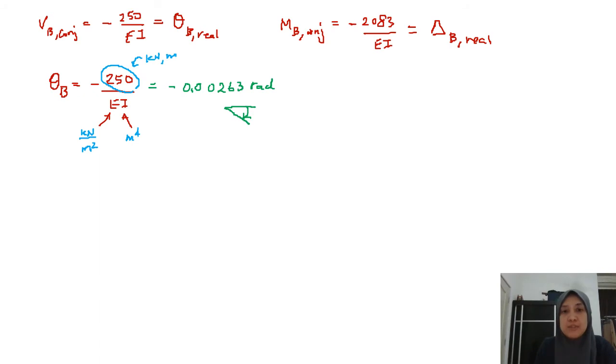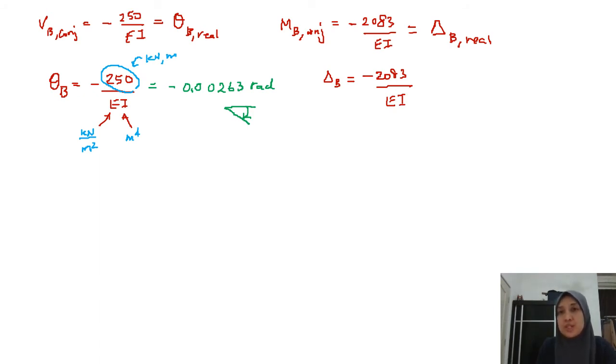Similarly for displacement, the displacement at B is equal to negative 2083 divided by EI. Make sure the units are consistent: for E you use kilonewton per meter squared, for I you use meter to the fourth.